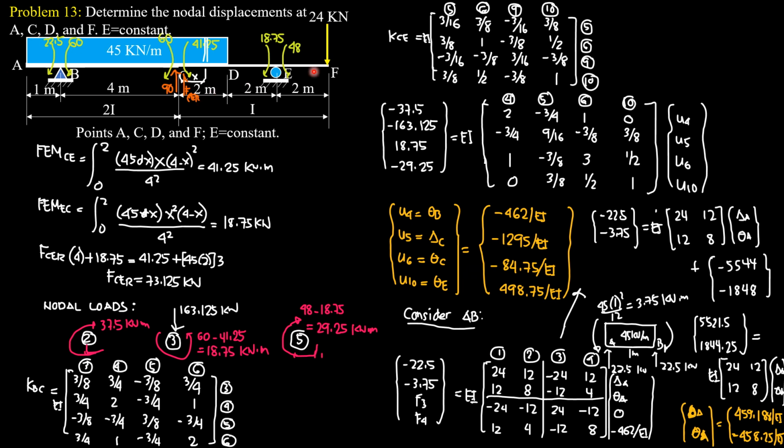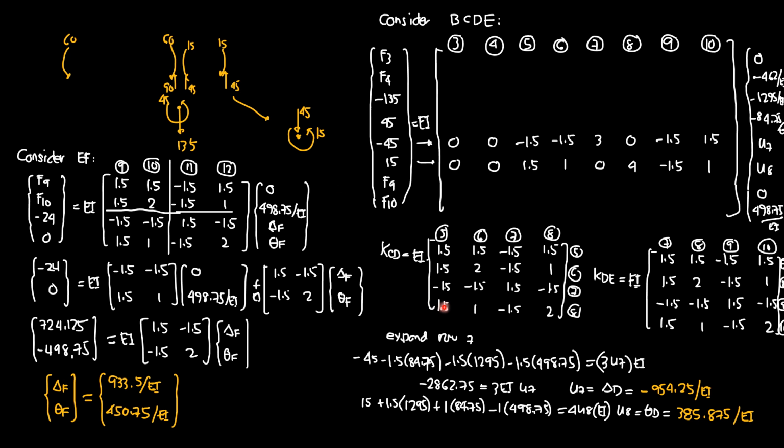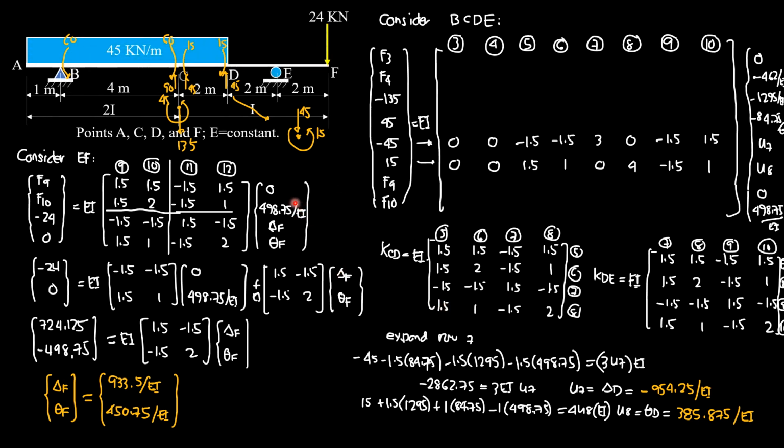Next, we consider EF. Let's compute this displacement delta F and theta F, like what we did for AB. So considering EF, this would be the stiffness of EF: 12 times 1, because EI is I, over 2 cubed, so 1.5, 6 times 1 over 2 squared, that's also 1.5.